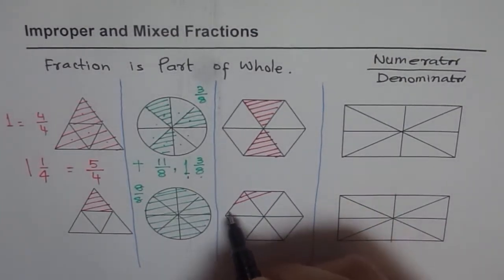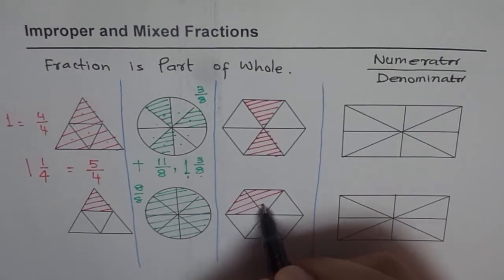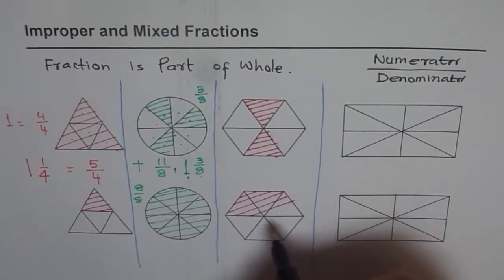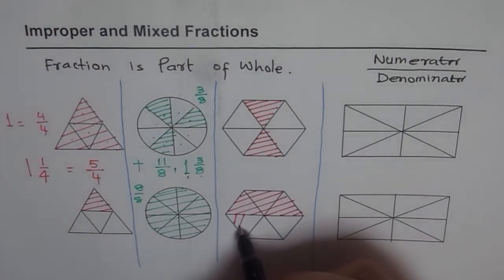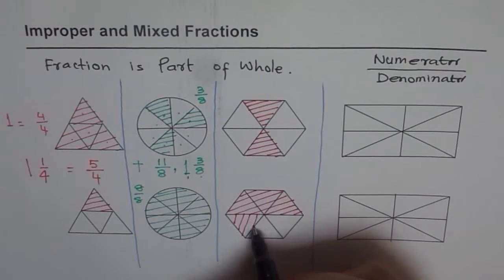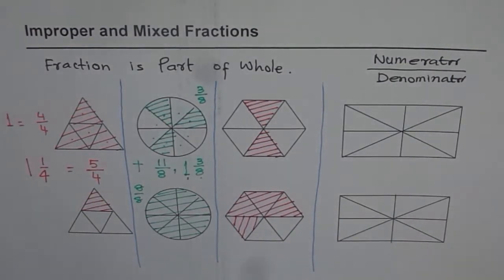And you have to tell me, how can I write this as an improper fraction and as a mixed number? Can you write? Figure it out. How will you write this as an improper fraction and as a mixed fraction?